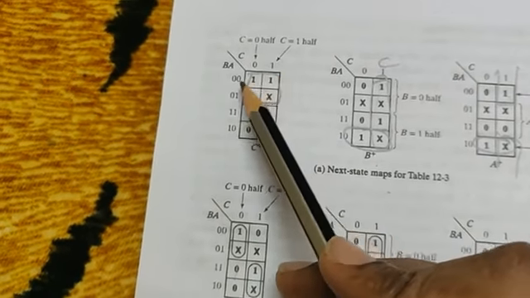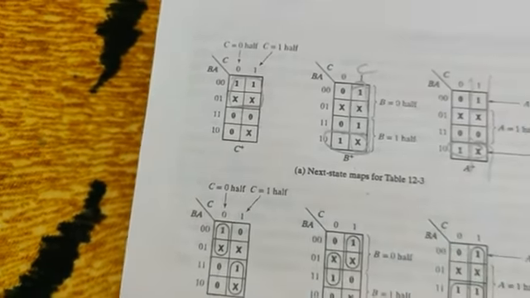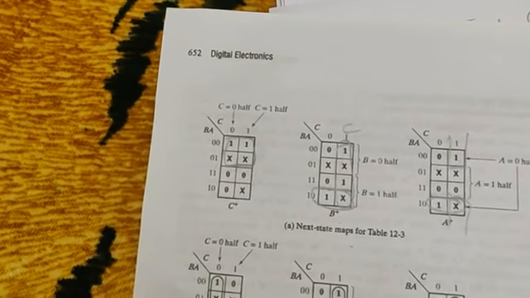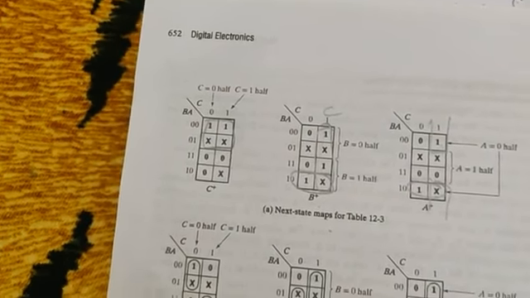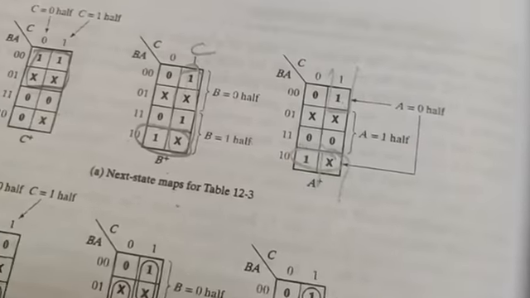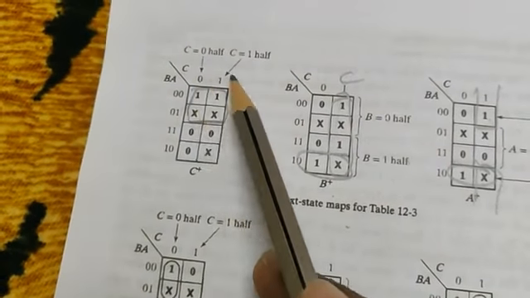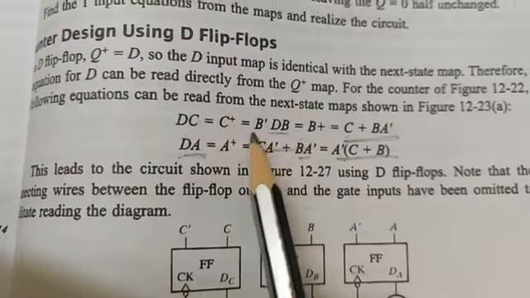Now DC: you got one quad. Both can cancel, these two get cancelled. This is B bar, right? The same thing, DC is B bar.